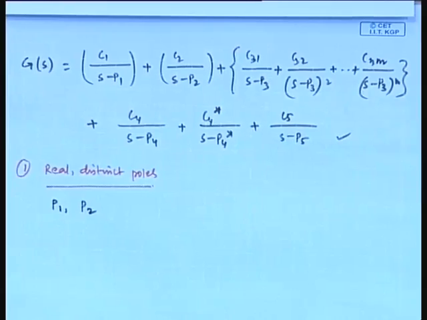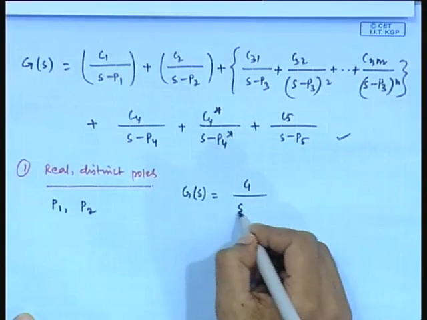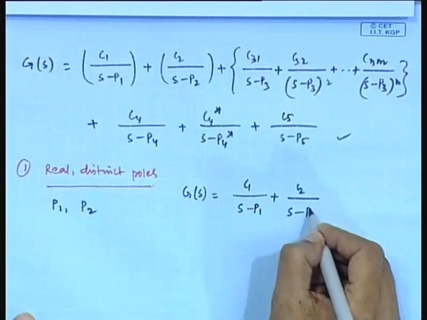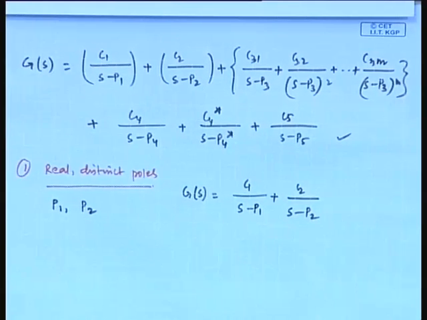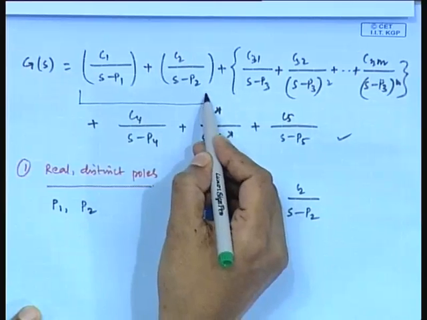So, the general form of the transfer function reduces to G(s) = C1/(s - P1) + C2/(s - P2). We are presently considering a system which has two distinct real poles, P1 and P2, so we are considering just this part of the transfer function.